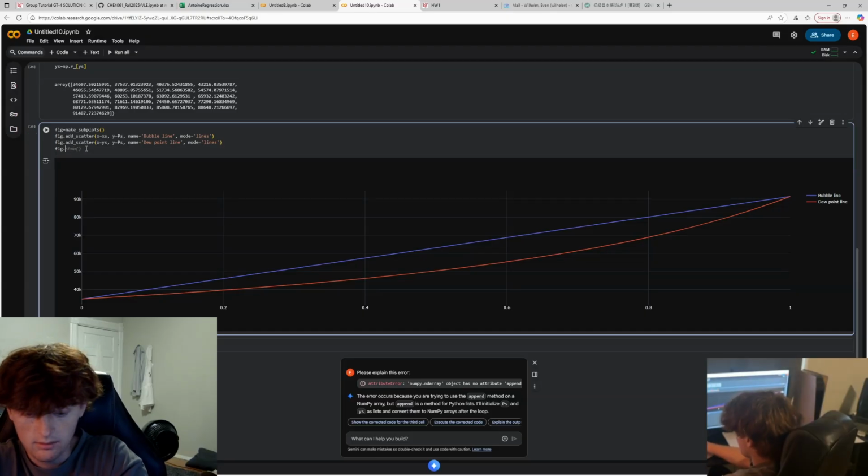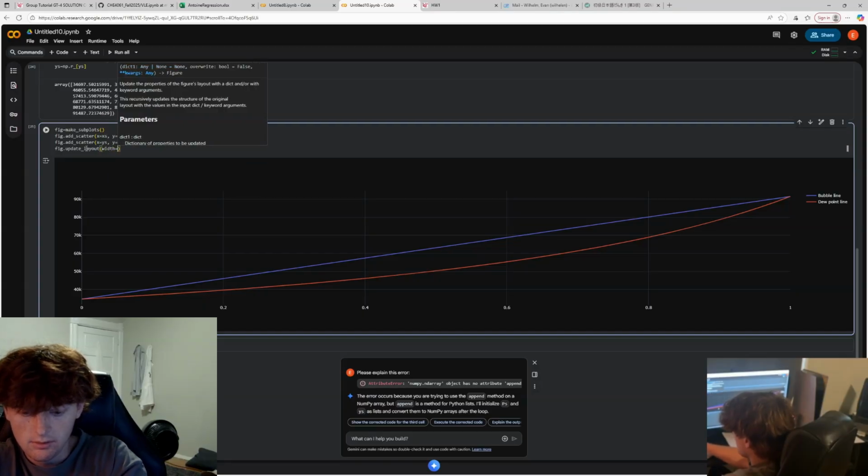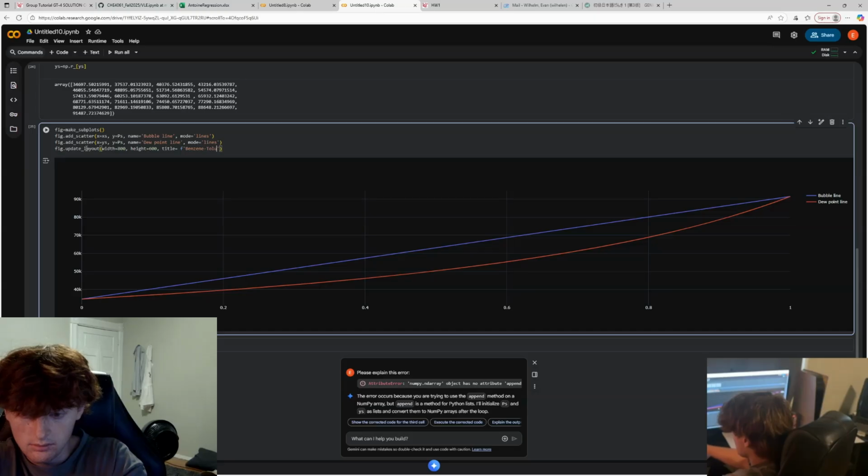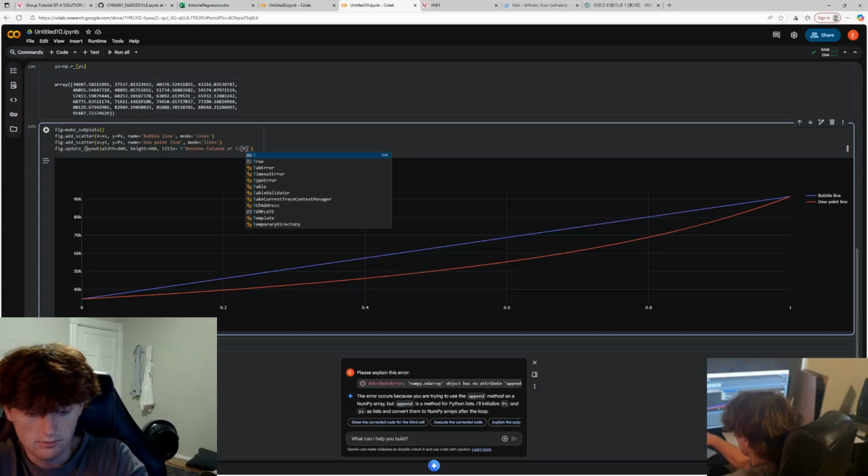Fig dot update underscore layout, width equals 800, height equals 600, and title equals an f-string: benzene at T equals, and we can use these so that whatever T we put up top will be there, and then K for Kelvin.